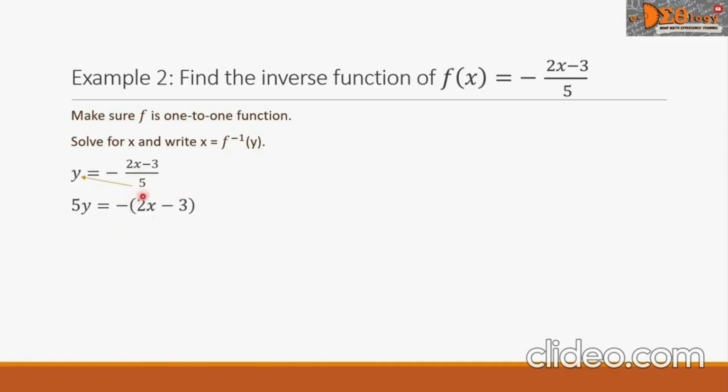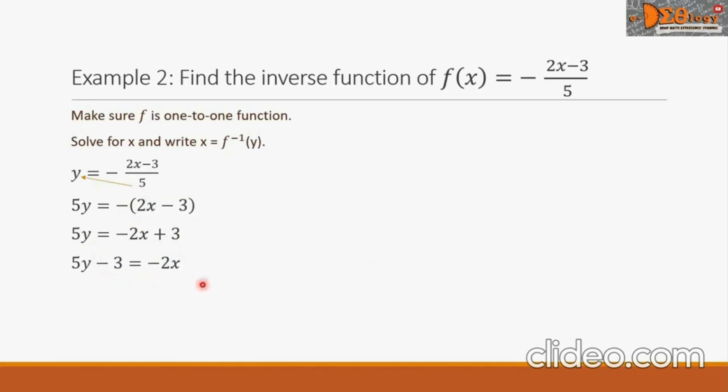So negative times 2x will be negative 2x, negative times negative 3 is positive 3. And then this positive 3 will be transposed to the other side. From positive, it becomes negative.